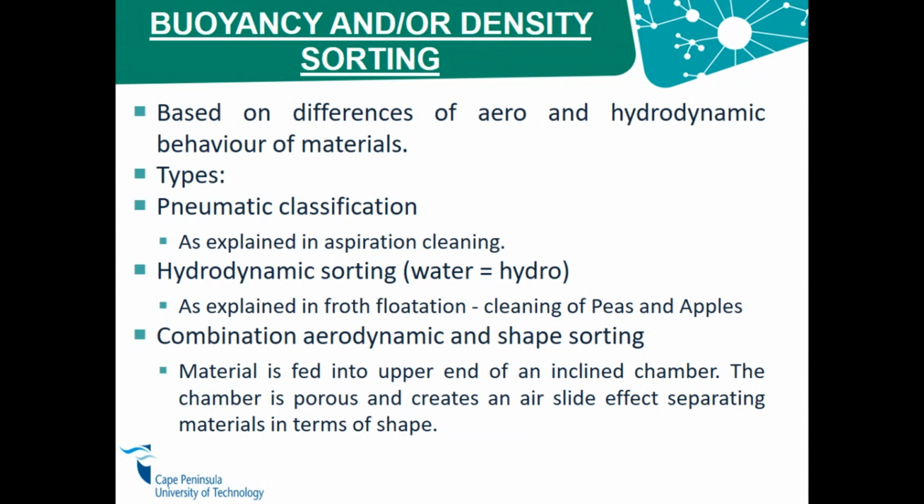This basically covers the sorting operations, how these raw materials are sorted. So we can sort the raw materials based on the weight, based on the size, based on the shape, based on the color properties, whether we are looking at transmittance, whether we're looking at reflectance, or we can also use buoyancy. And then you need to know the equipment that you're going to apply for each material.